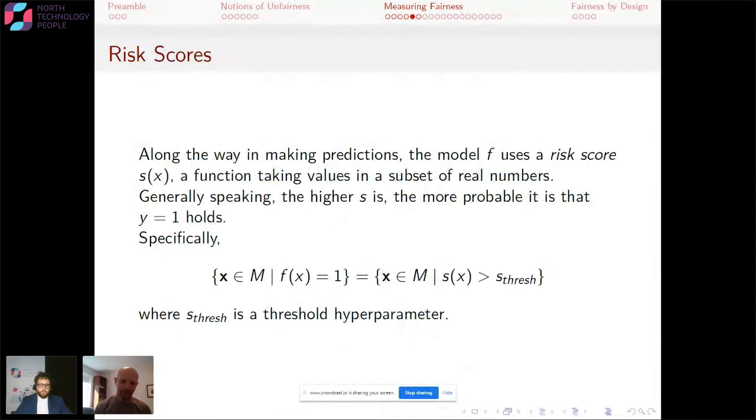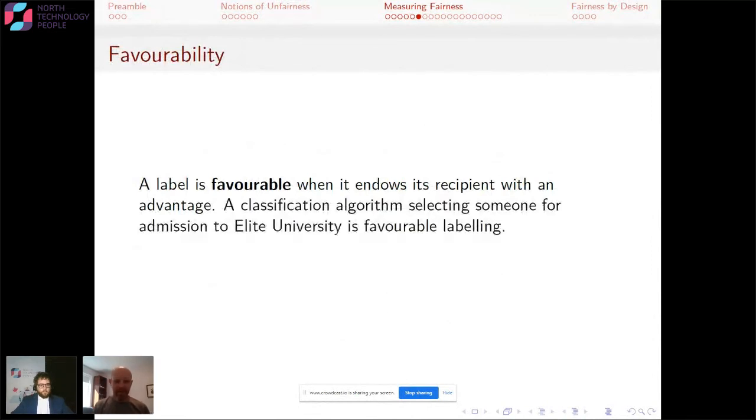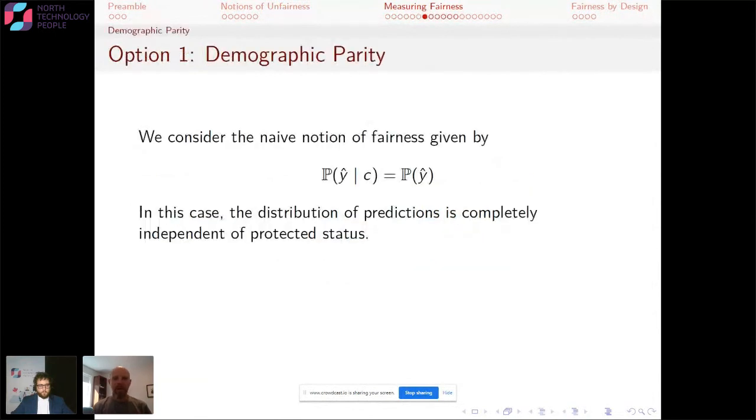The higher S is, the more likely that Y equals 1 holds. At some point we're going to have to set a threshold on S, so that any person with a score above S threshold is going to be admitted and predicted as successful by the model. A label is favorable when it comes with an advantage. In this case, that means selecting somebody for admission at the university, and we're going to assign that to 1.